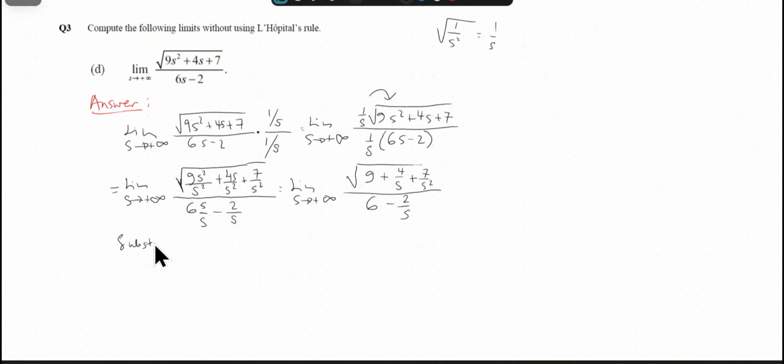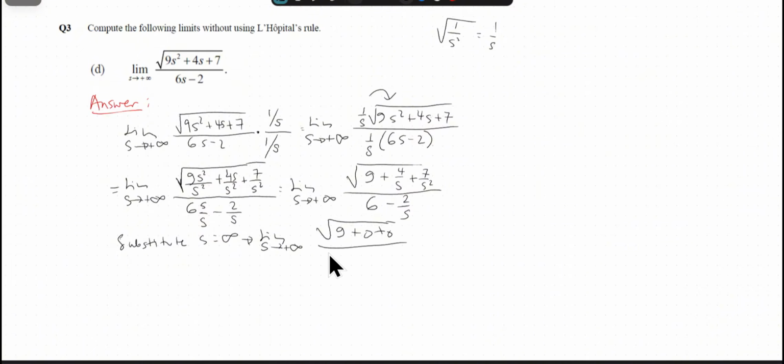Now we can substitute s equals infinity. 4 over infinity is 0, and 7 over infinity squared is also 0.